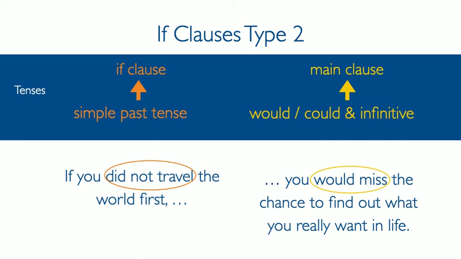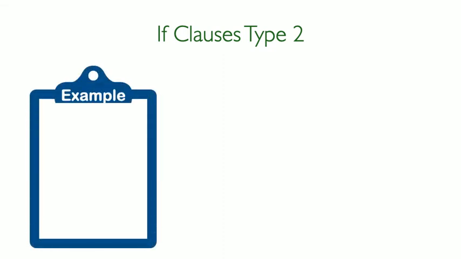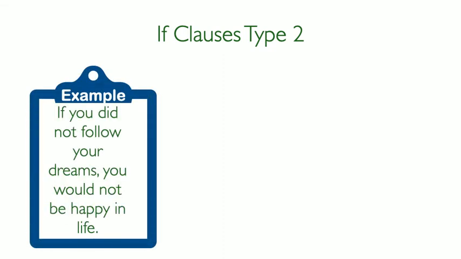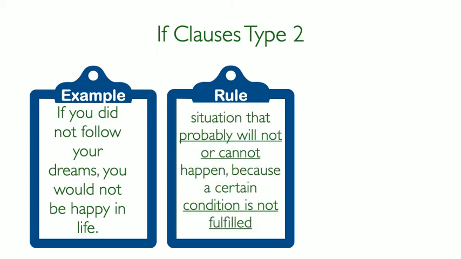So far, so good. In the end, I want to sum up the topic for you with a final example. The example is if you did not follow your dreams, you would not be happy with your life. The rule says if clauses type 2 are used for situations that probably will not or cannot happen because a certain condition is not fulfilled.